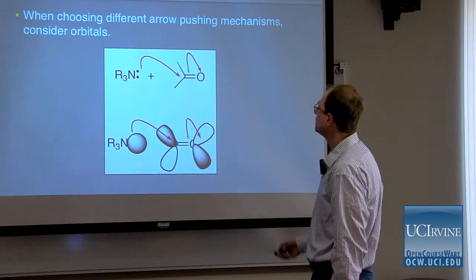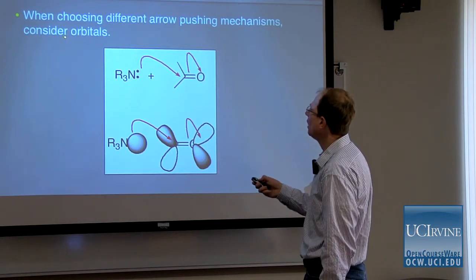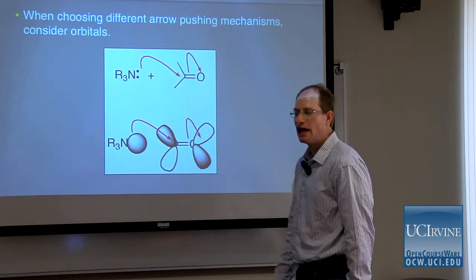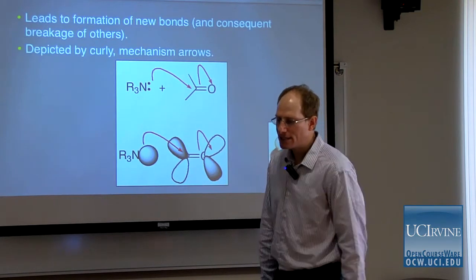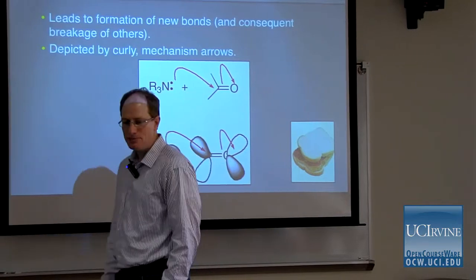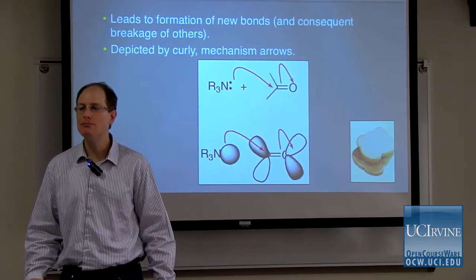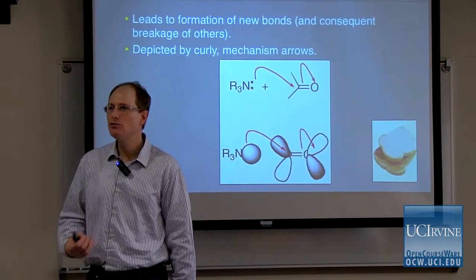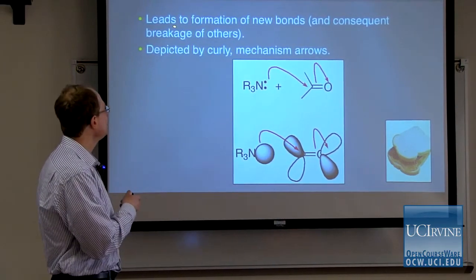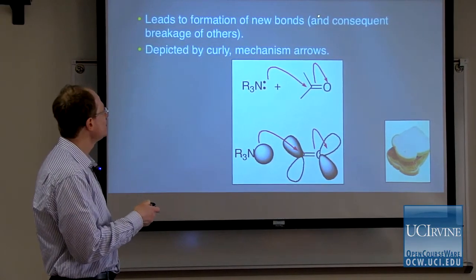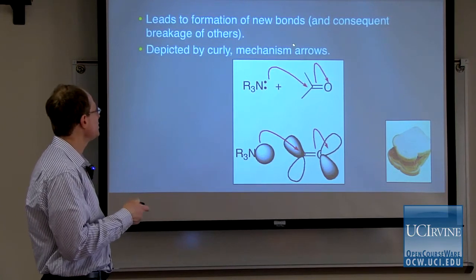And when that happens, we're going to fall back on orbitals to decide which of these is going to be most reactive. Okay, so again, what we're going to be talking about is this overlap of molecular orbitals. That overlap of molecular orbitals, the filled-unfilled overlap, leads to the formation of new bonds and consequent breakage of others.